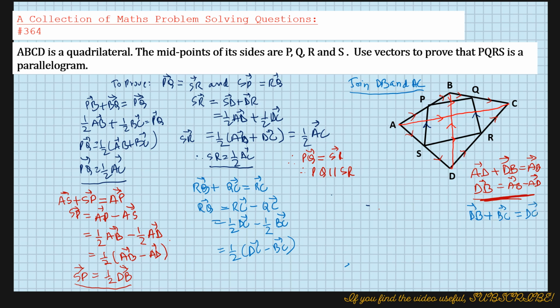So DB equals DC minus BC. We are reading it from the other side.